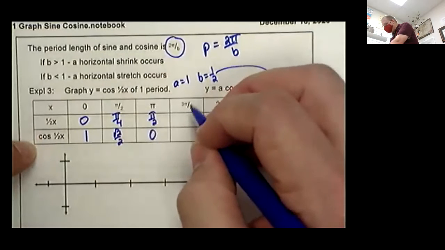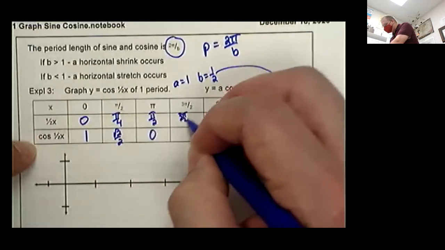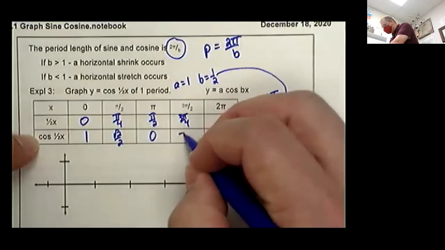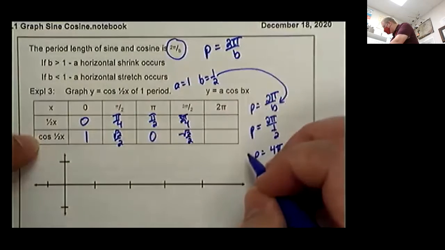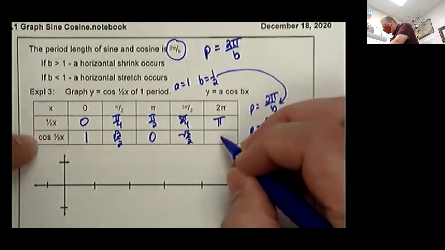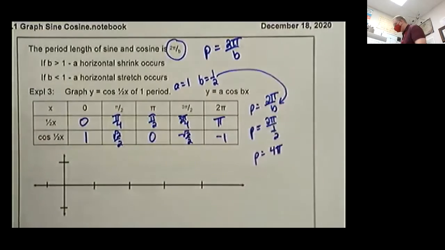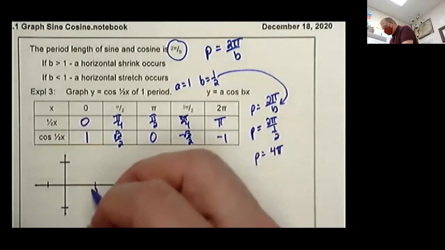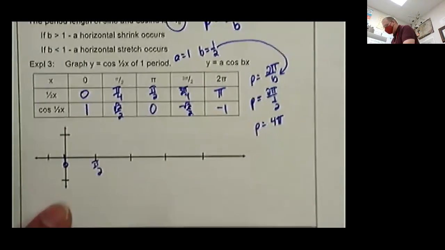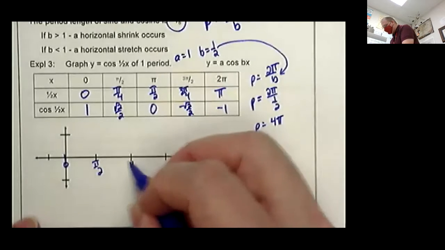Half of 3 pi halves is 3 pi fourths. Cosine of 3 pi fourths, now we're in the second quadrant, is negative root 2 over 2. And half of 2 pi is pi. Cosine of pi is negative 1. And so let's see what happens. Here we're not going to graph like this in the future. We're just seeing where the stretch and the shrink occurs.